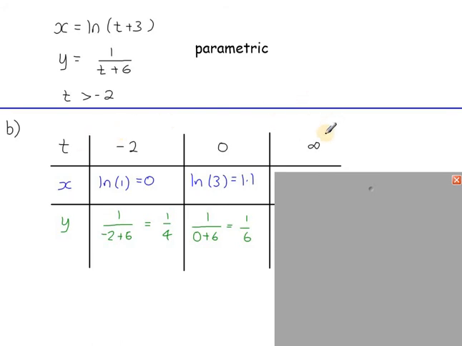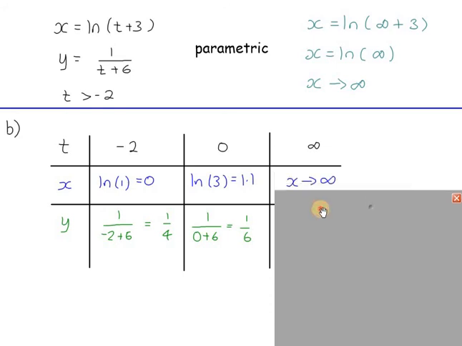Now if t is a very large value, an infinitely large value, for x we have x is equal to ln of an infinitely large value plus 3. Infinity plus 3 is infinity, and then the log of an infinitely large value will be an infinitely large value, so x approaches infinity.